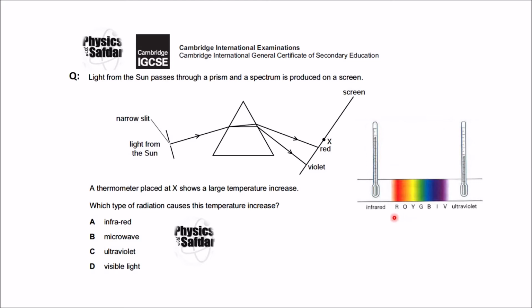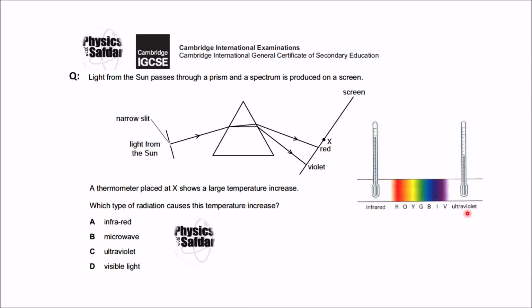In this diagram, when you move from left to right, the temperature of the colors decreases. Look at this red. When the thermometer is placed at this point, look at the mercury level. High. It shows high temperature recorded because of this radiation, that is infrared.